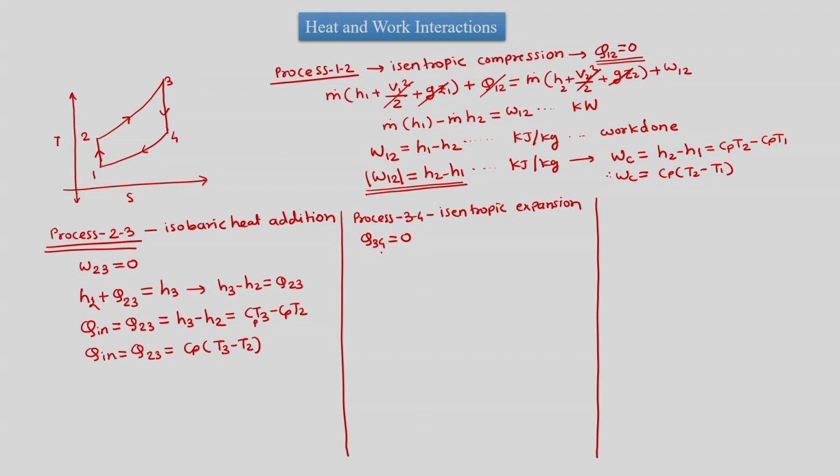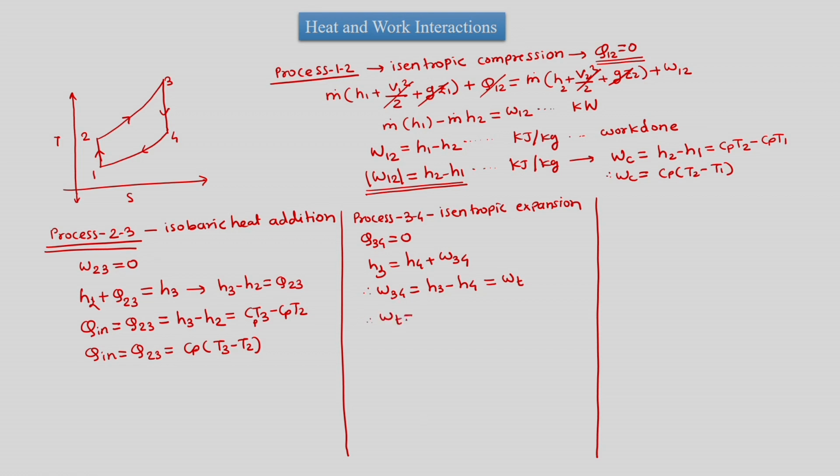So process 3 to 4 has Q equal to 0, and then we have H3 is equal to H4 plus W34. So W34 is equal to H3 minus H4, but W34 is turbine work, so it is WT.